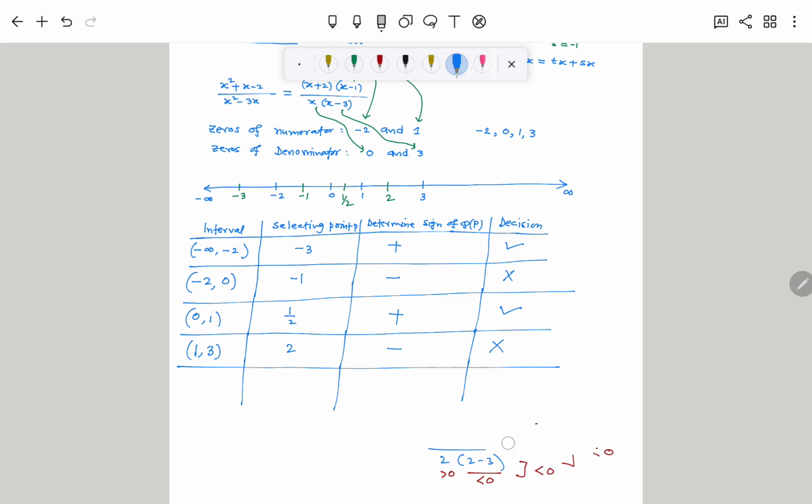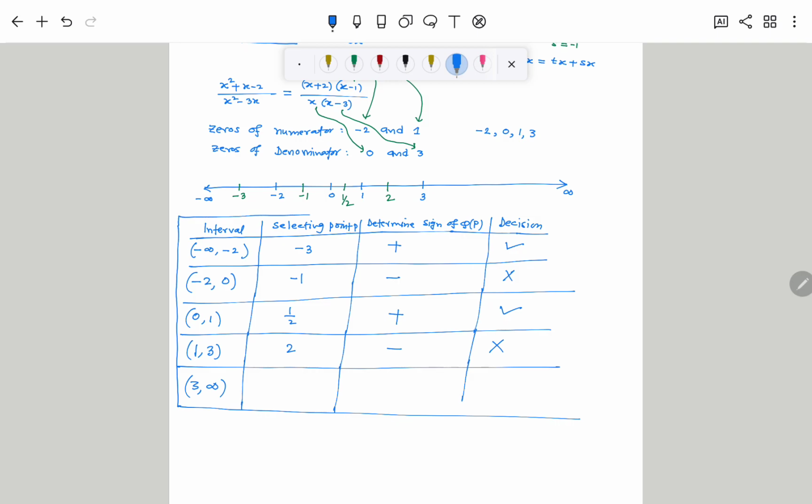Now what should we move to? We move to the next interval, which is 3 to infinity. If we take this interval, we have to select a point first. Let me select 4.